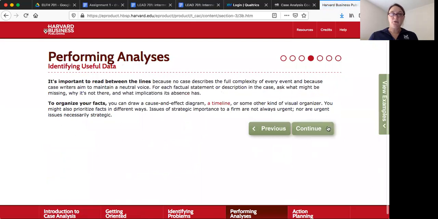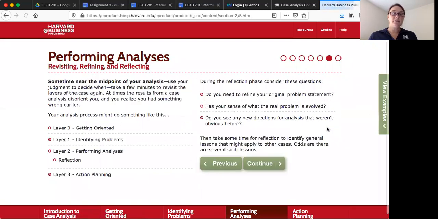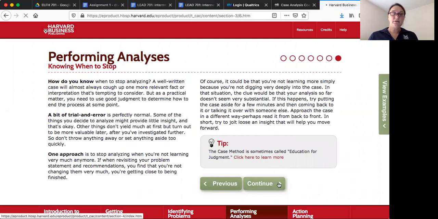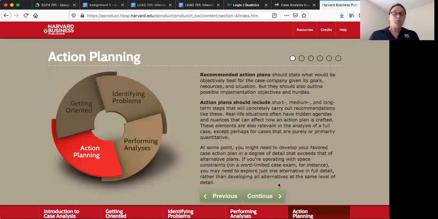And then finally, after we're performing the analysis, we want to come up with an action plan. Now, this is sort of what are the next steps moving forward. So we've recognized the problem, we've come up with solutions, or we've evaluated the three decisions. Which of the three decisions make the most sense, and why do they make the most sense?